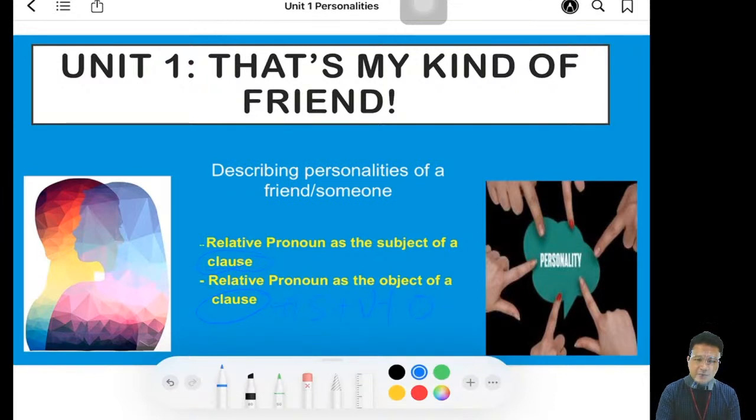It always gives a complete sentence, and a complete sentence has, of course, a meaningful structure. For example, she plays piano. This is an example of a clause. She is our subject, plays is our verb, piano is our object or direct object.